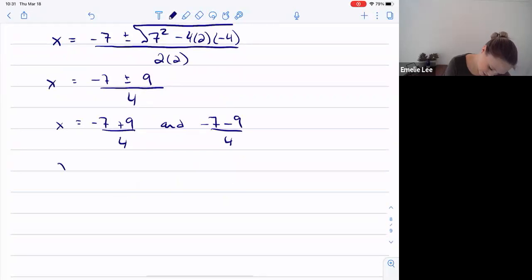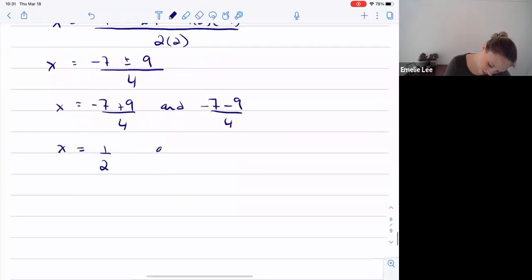And these are all our zeros, right? So the values of x that make this 0. So we have negative 7 plus 9 divided by 4 puts me at 1/2. And negative 7 minus 9 divided by 4 puts me at negative 4.